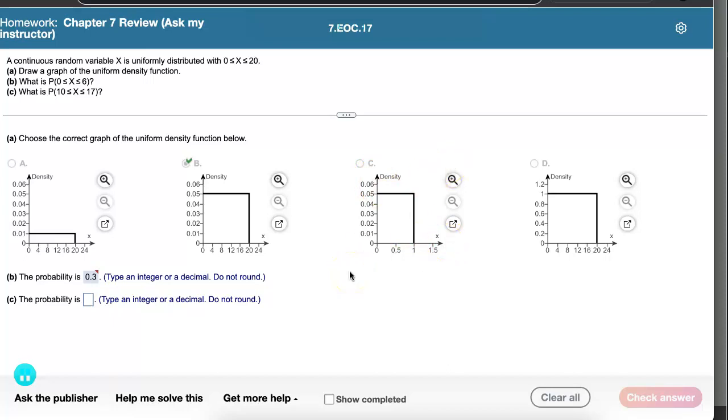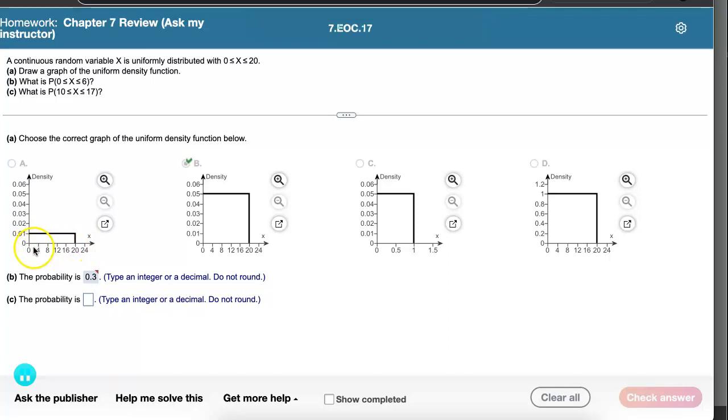The next thing I want to check is that the area under this density function equals 1. To check this, I'm going to use the fact that this density function is uniform and it is shaped just like a rectangle. And I'm going to find the area of this rectangle by multiplying its height times its width or length. So the height of this function in choice A is 0.01.